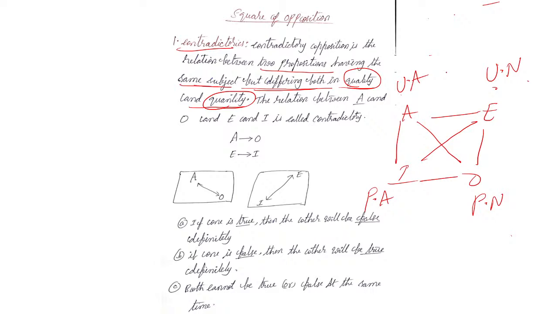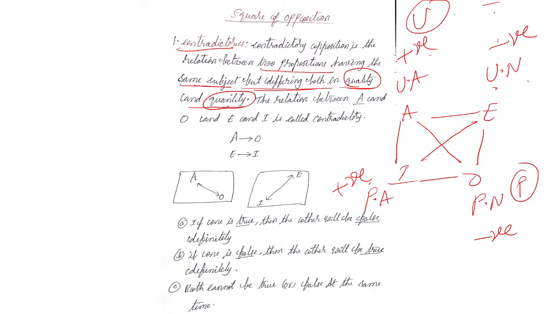These two differ in both quality and quantity. This is all and this is some. This is negative and this is positive. This is positive and this is negative. This is a universal, it is a particular.